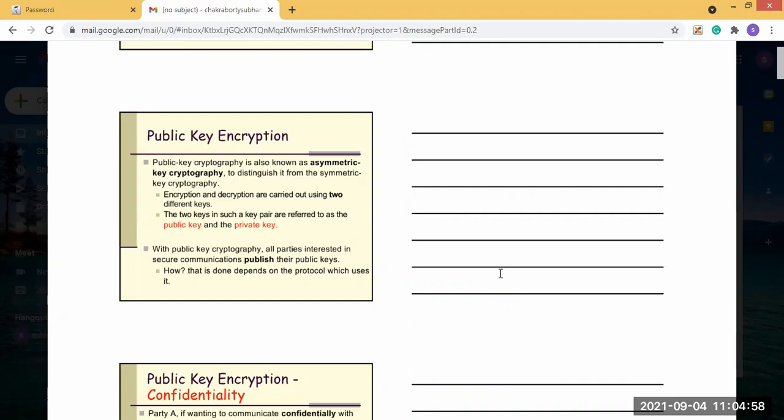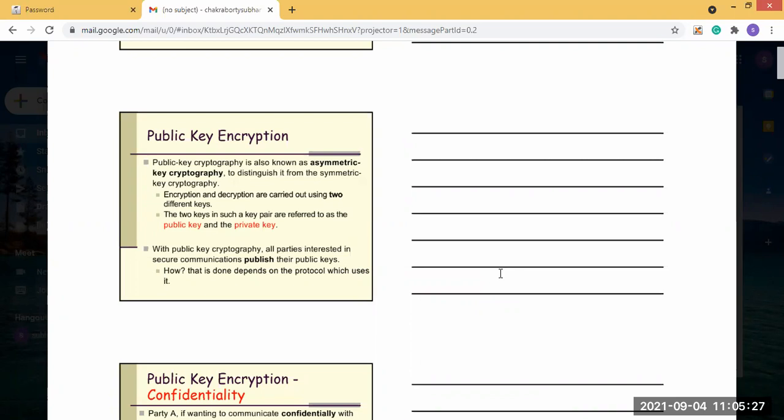With public key cryptography, all parties interested in secure communication publish their public keys. Let's say there are parties A, B, C, D, E, and all of them want secure communication.